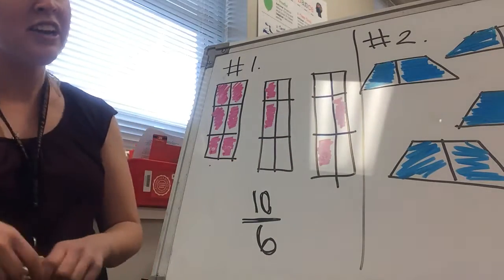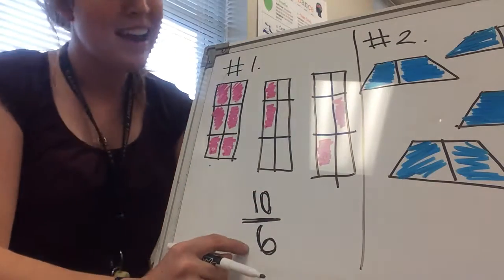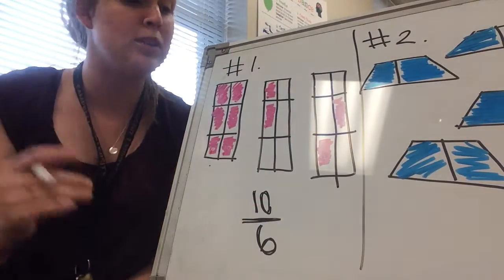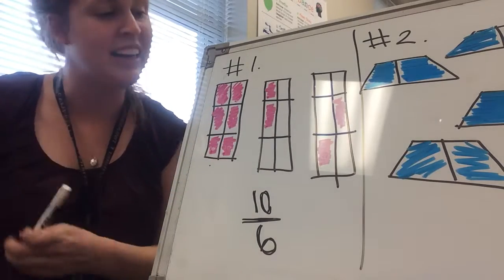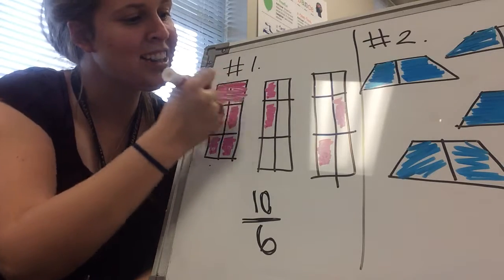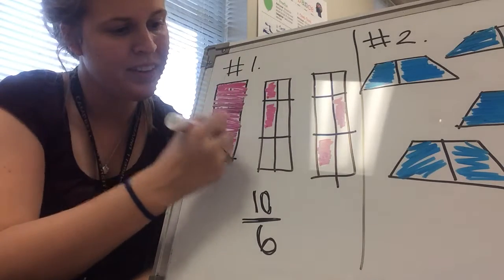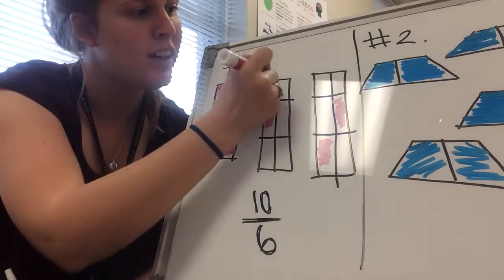Now in the other video we talked about how when your numerator is bigger than your denominator, it means that it's more than one whole. And if you look at the picture, you can see this whole rectangle is shaded in, the whole thing. So I have one whole, and then I don't just stop at one whole.